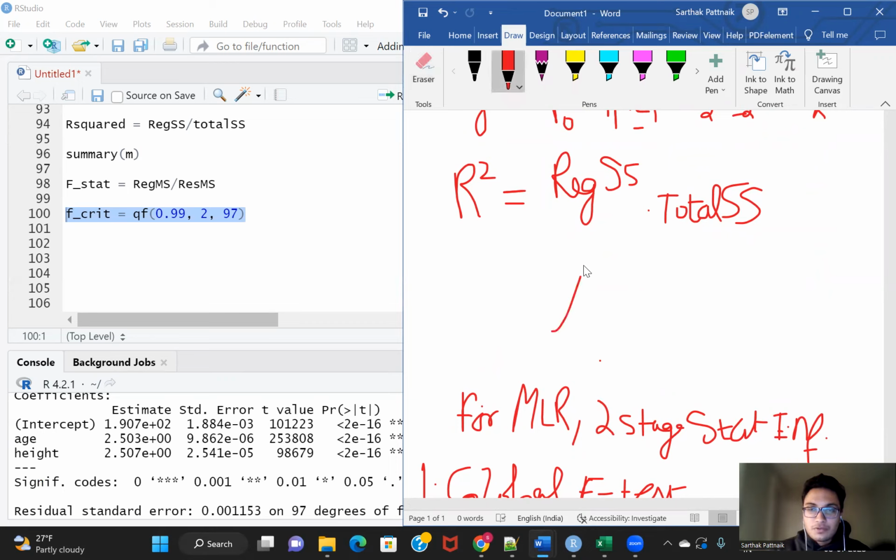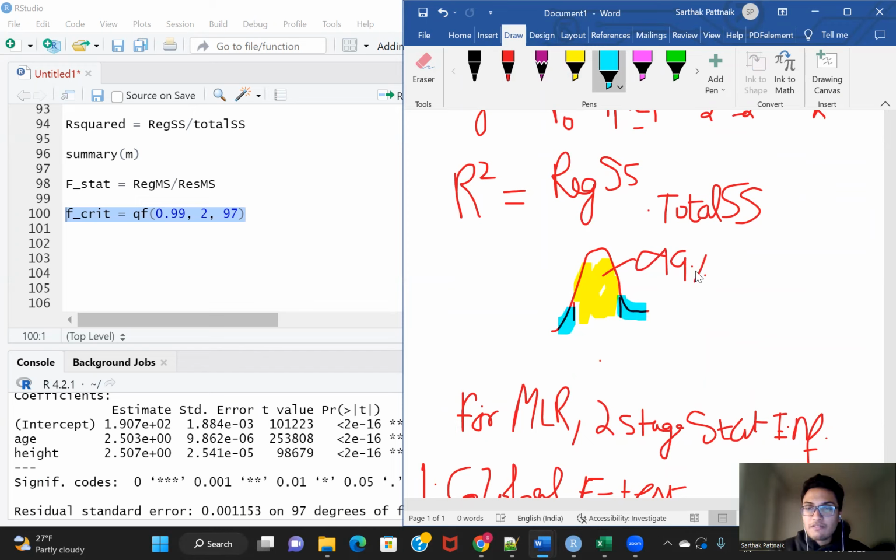So for step 2, this right here is 99%. Sorry, these two areas combined will be 1%.